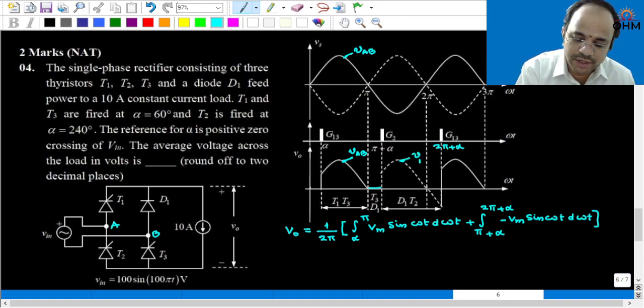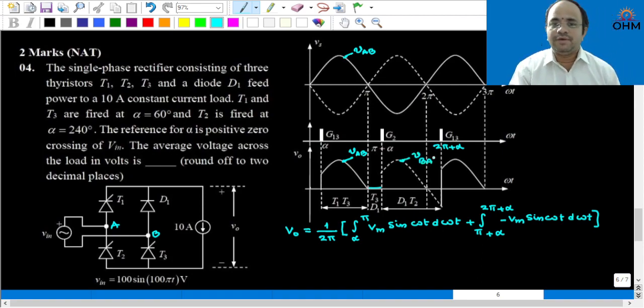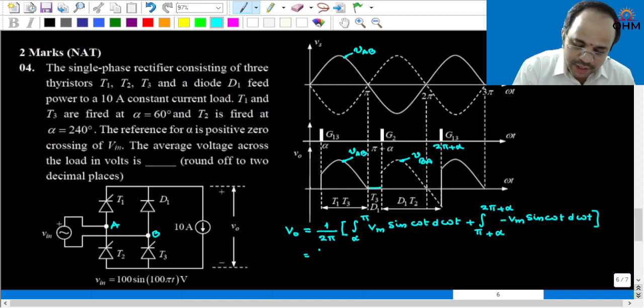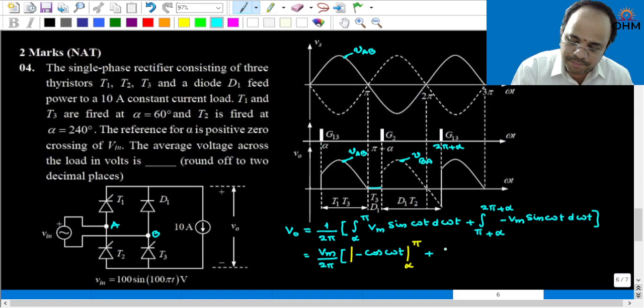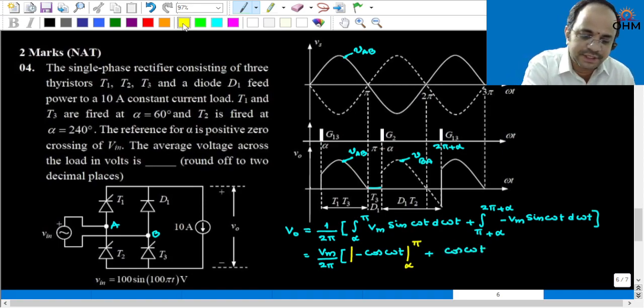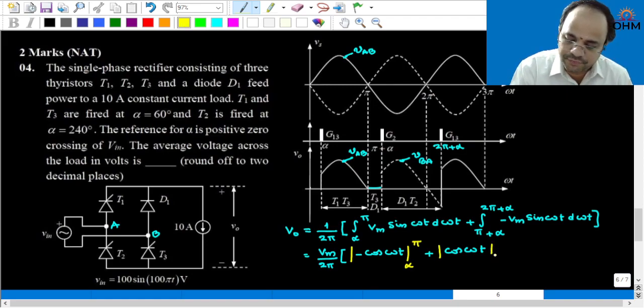Because these dotted lines are the VBA waveform. So you can take Vm outside. So Vm by 2 pi into minus cos omega t, and you have to substitute the limits alpha to pi, and the second term, minus of minus, plus cos omega t, from pi plus alpha to 2 pi plus alpha.